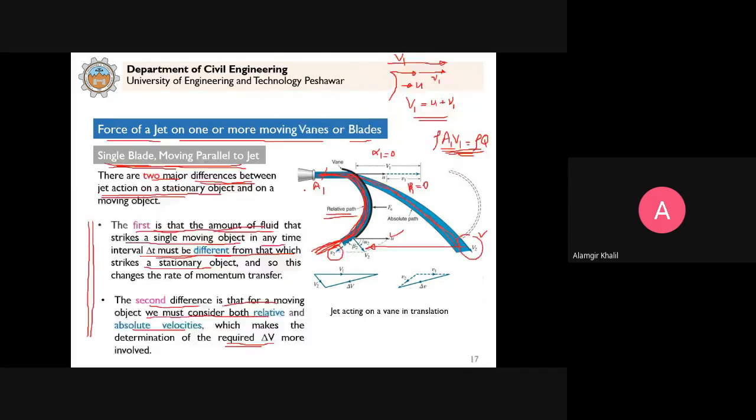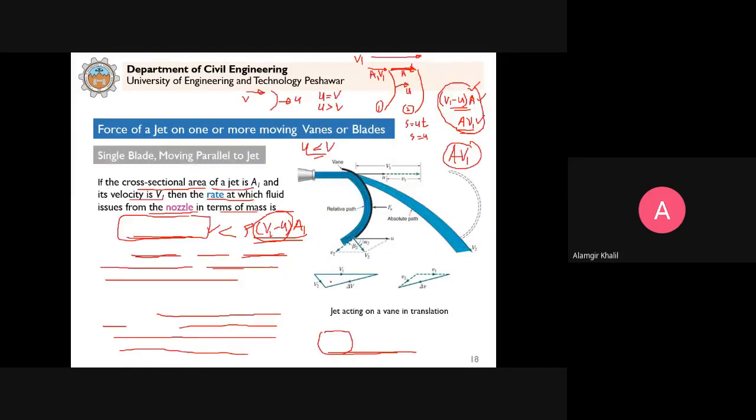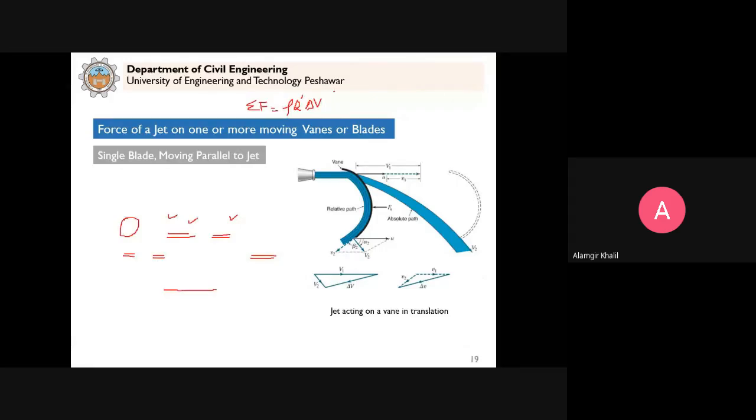Using this triangle, we already know the velocities that we discussed for the three cases. Whatever the case, you can easily calculate the change in velocity by these components at the inlet and at the exit of the vane. So this change of velocity will be the change of absolute velocity or the change of relative velocity.